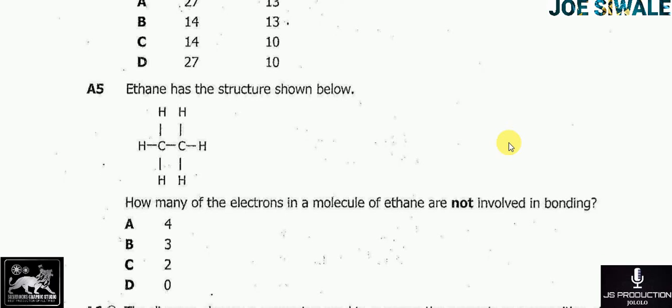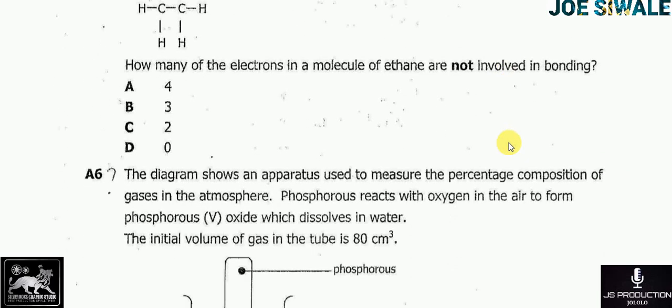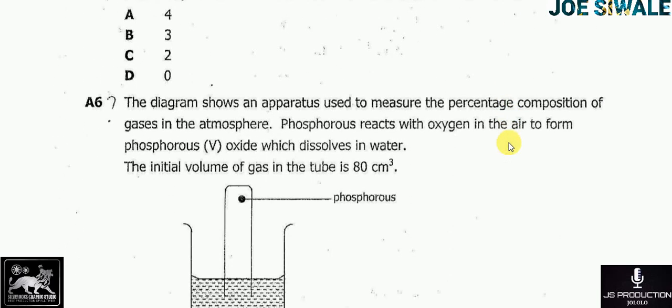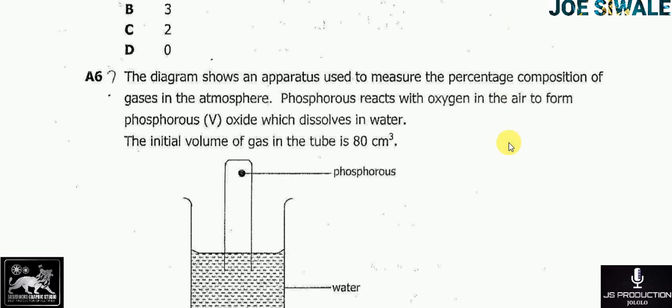Question 6 reads, the diagram shows an apparatus used to measure the percentage composition of gases in the atmosphere. Phosphorus reacts with oxygen in the air to form phosphorus oxide, which dissolves in water.